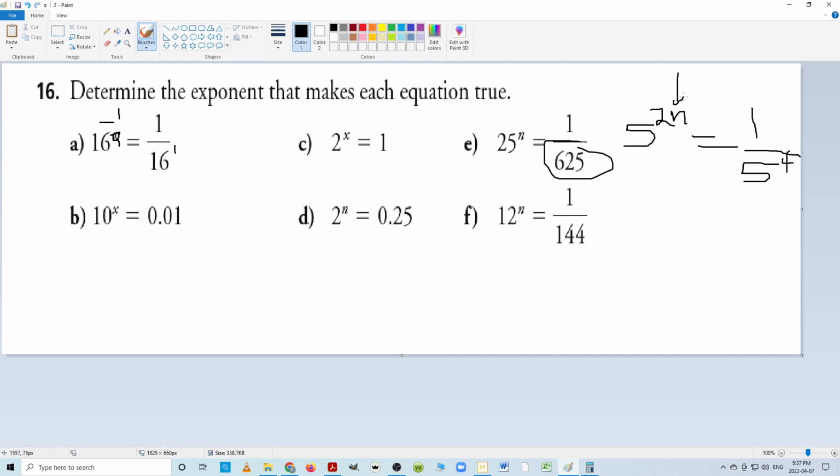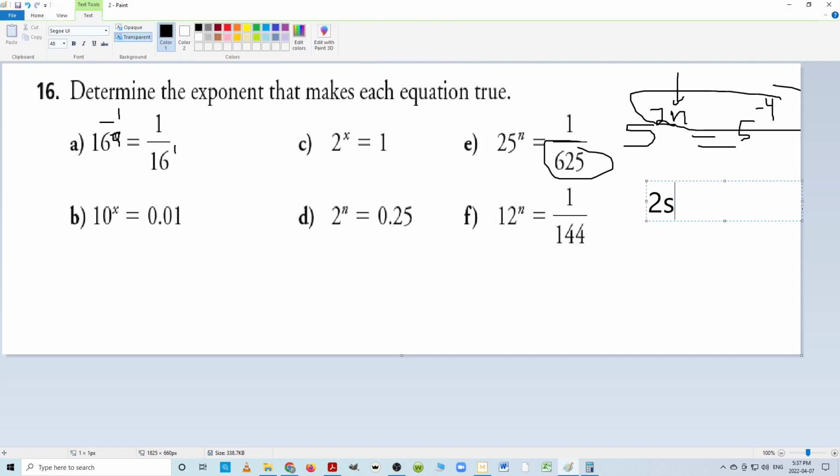It must be minus. In other words, let's rearrange this with a minus. This is the same as 5 to the minus 4. So now that I have two things where the base is the same, it must mean the exponents are the same, which means 2n must be equal to minus 4, which means n is equal to minus 2.